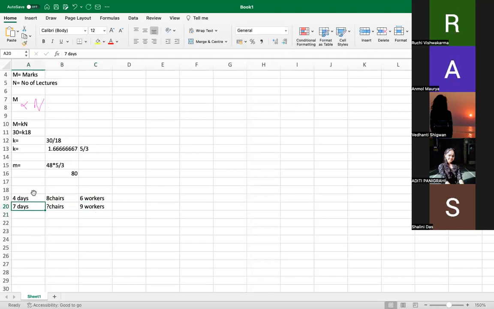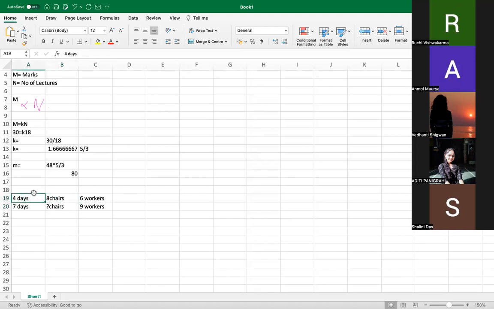Now, what we need to understand is, the more days and the more workers there are, the more chairs increase. They can make more chairs, right? Are you following? When you increase the number of workers, space has to be reduced.